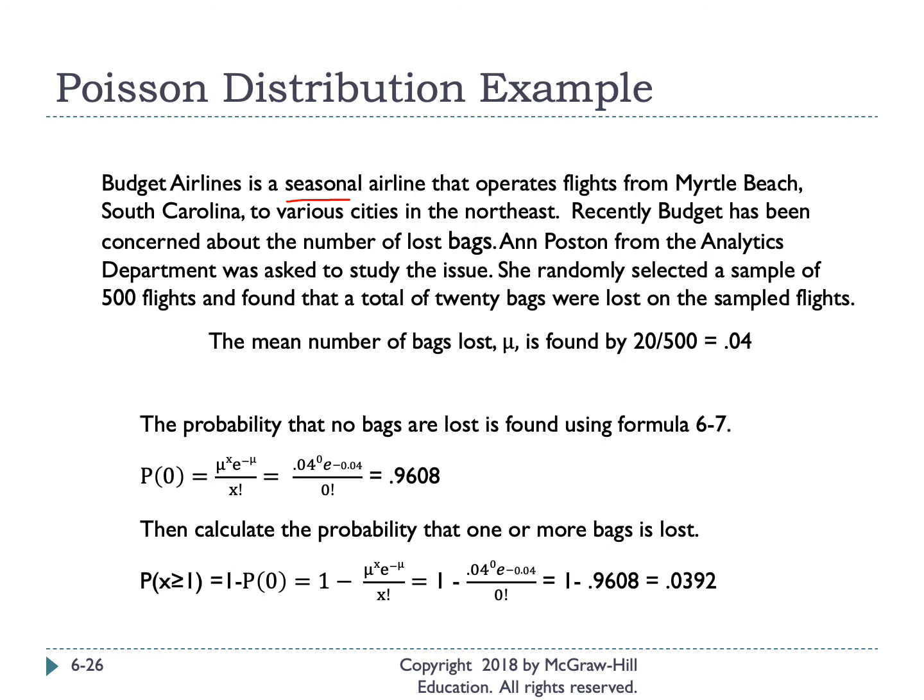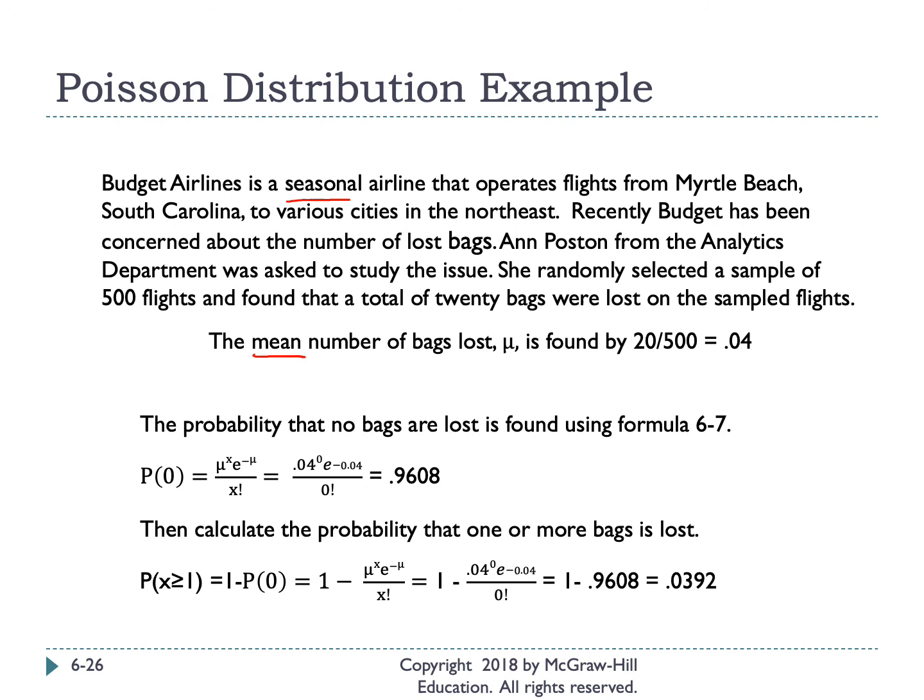Recently, Budget has been concerned about the number of lost bags, and Poston from the analytic department was asked to study the issue. She randomly selected samples of 500 flights and found that a total of 20 bags were lost on the sample flights.